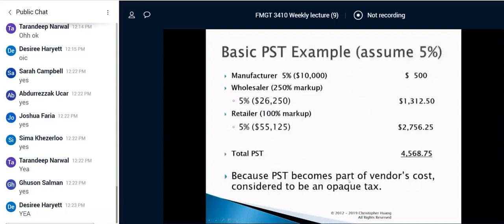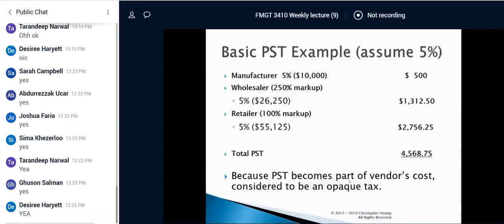Now you look at PST. PST, again, is a transaction tax. Once you pay it, it is part of your cost. Okay, so imagine, in each side, the manufacturer sells for $10,000. And let's just pretend PST is $500. Wholesaler pays $500 PST. His cost is now $10,500.